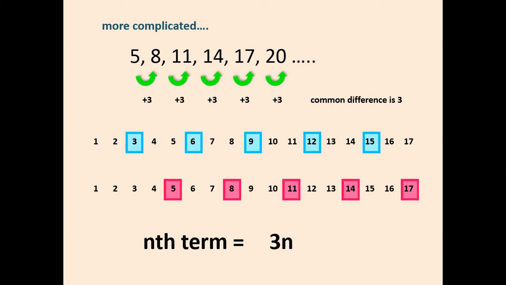How much have we shifted it to get from the first term, which was 3, to 5? We shifted each of the terms by 2. So my nth term finally would be 3n plus 2. And that's how I work out the nth term for a sequence.